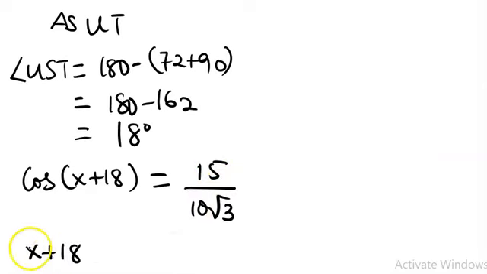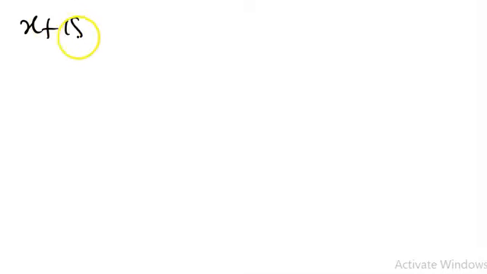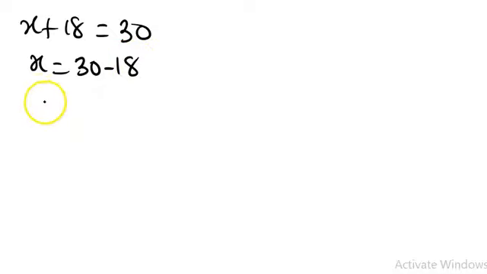So x plus 18 will be cos inverse of 15 over 10 root 3, and the cos inverse of that is giving us 30. So to find x, it is 30 minus 18. So x is equal to 12 degrees. That is the first part.